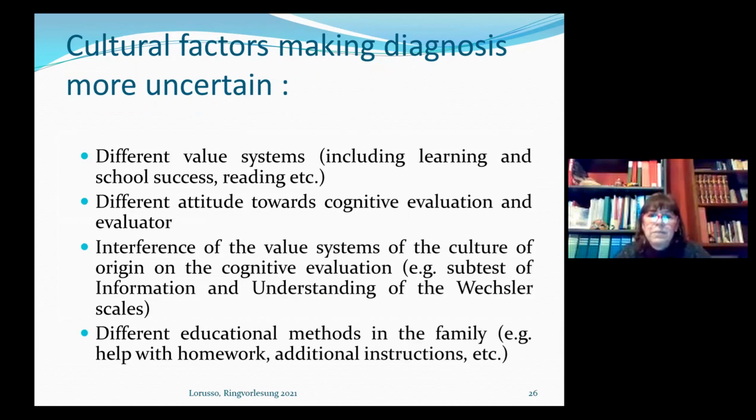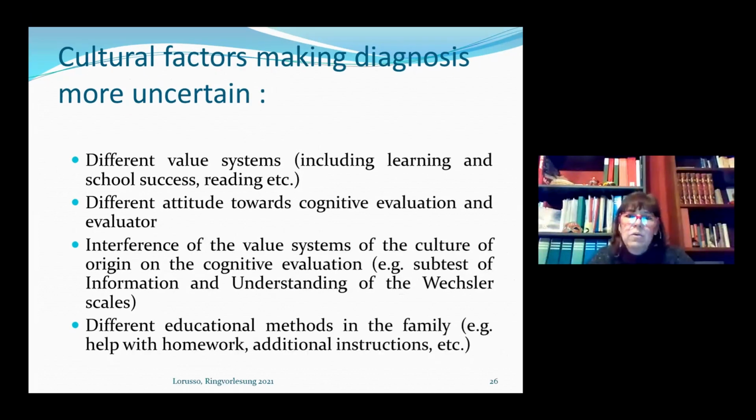For example, different value systems in different social linguistic minorities. For example, the view of the meaning of school success, of reading, of learning, what is passed in the families about the importance and the meaning of being successful at school, different attitudes towards cognitive evaluation and the evaluator, and possible interference of the value systems of the culture of origin on the cognitive evaluation.